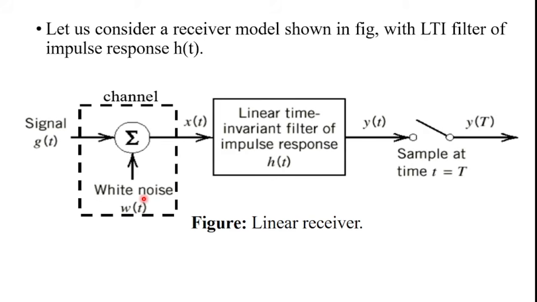The filter input x of t consists of a pulse signal g of t corrupted by additive channel noise w of t, as shown in this figure.